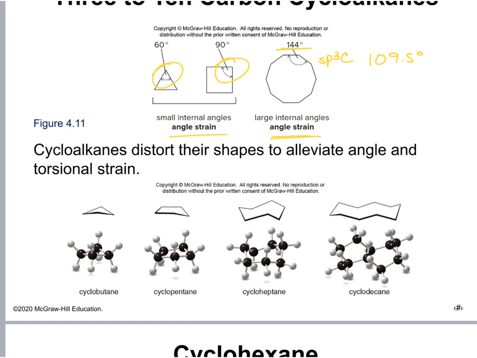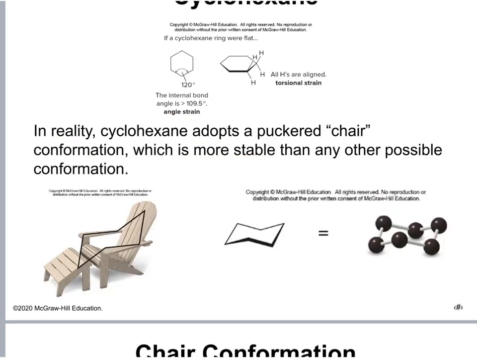The cycloalkanes will distort their shapes to relieve the angle and torsional strain. So cyclobutane will take on this conformation, cyclopentane, cycloheptane, and cyclodecane. Now we skipped over cyclohexane because that's what we're going to focus on in the conformation. The nice thing about cyclohexane, when it gets into this chair, you see why it's called a chair, like the lounge chair.